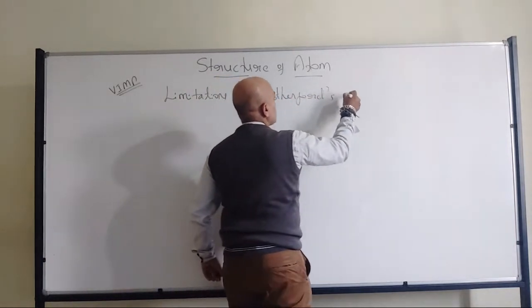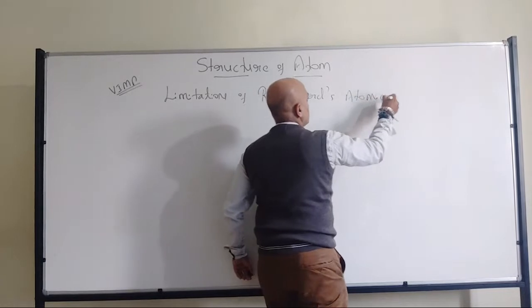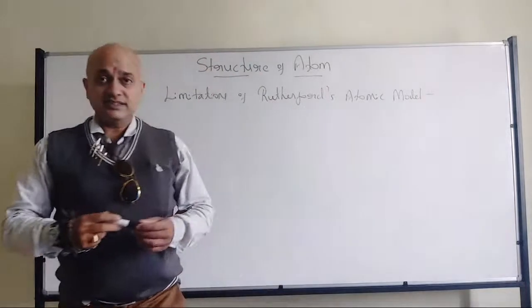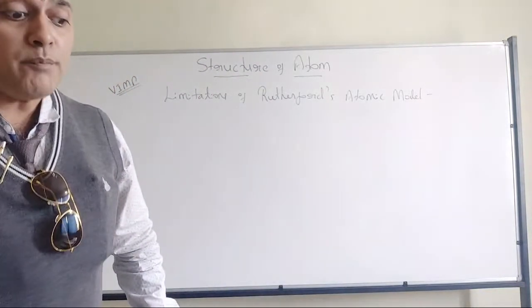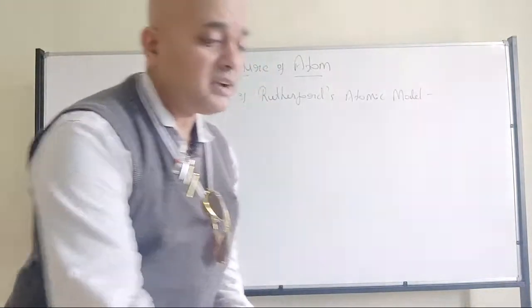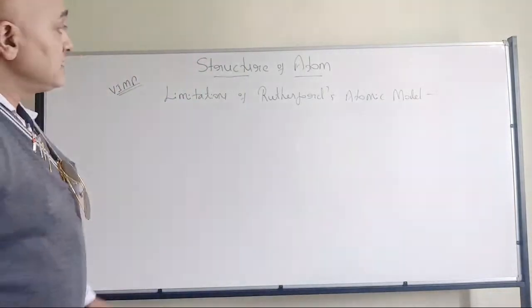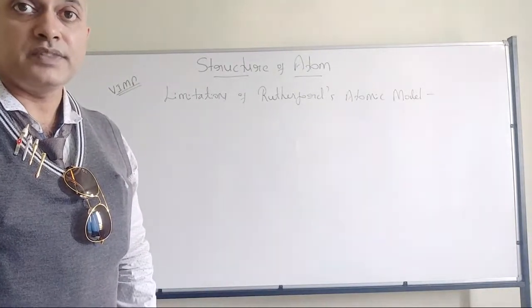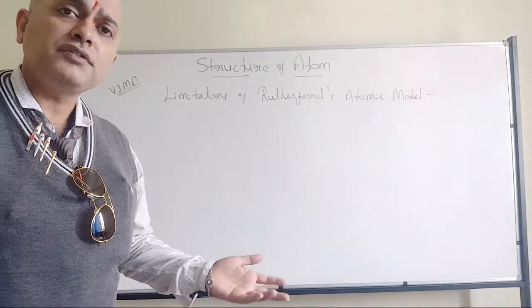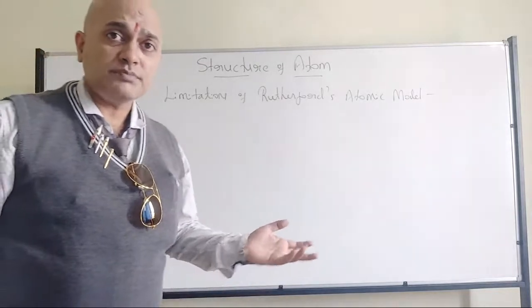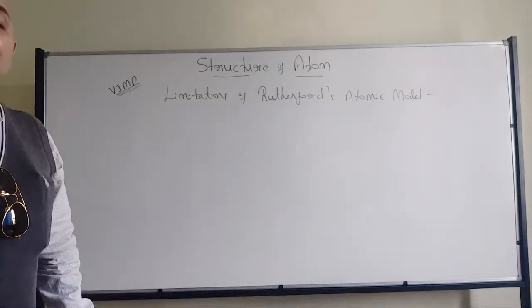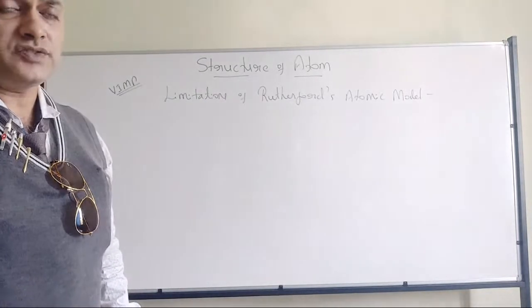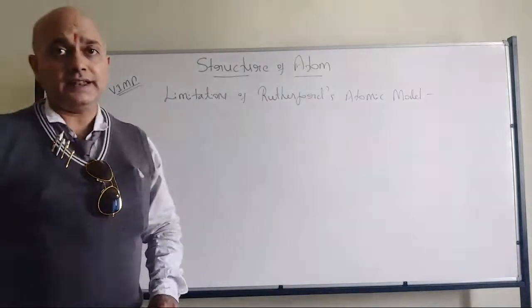Or we can also call it as drawbacks of Rutherford's atomic model. Anything is fine. So this question can be asked for 1 or 2 marks. 2 marks they will ask if they are asking. Okay. So either they will ask Rutherford's atomic model or Rutherford's experiment, or they can ask write the limitations of Rutherford's atomic model, or write the drawbacks for the Rutherford's atomic model.